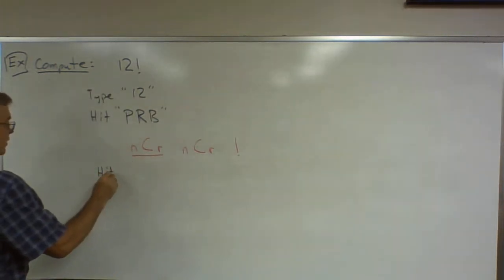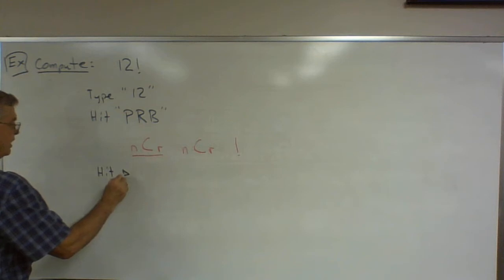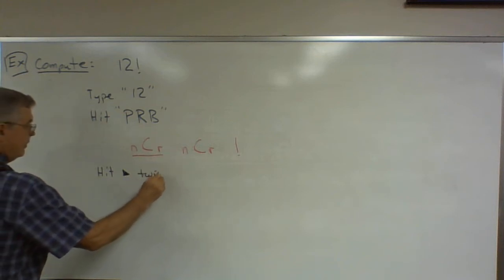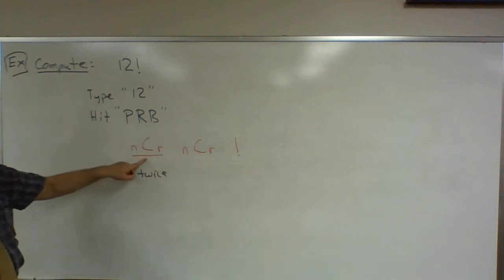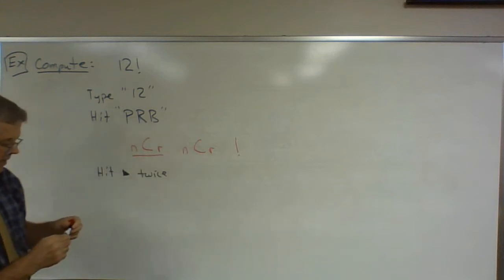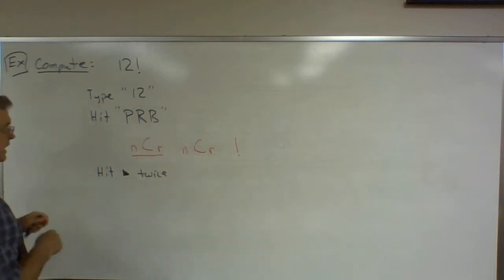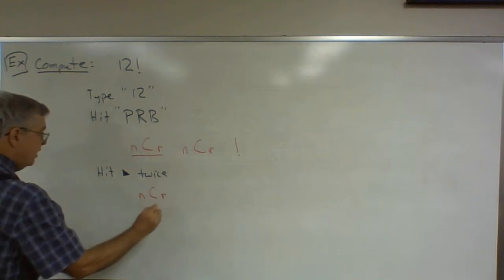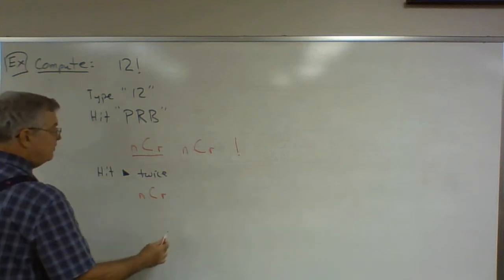And what we do is we hit the right arrow key twice. And that's going to move the underline from here to here to here.